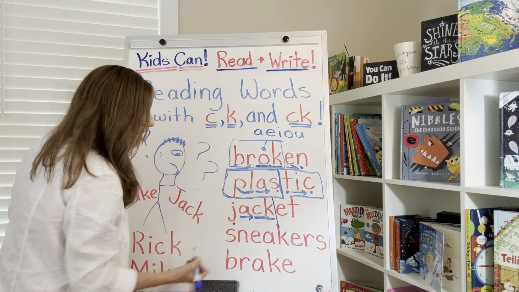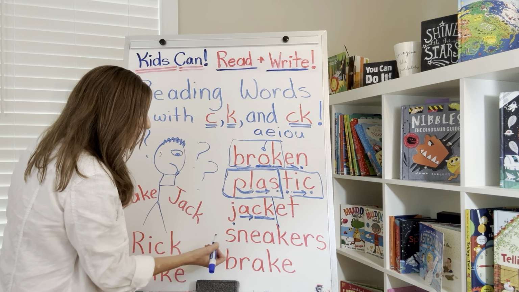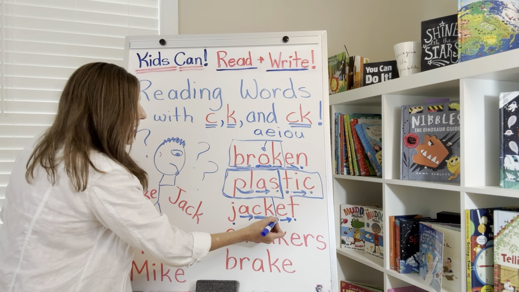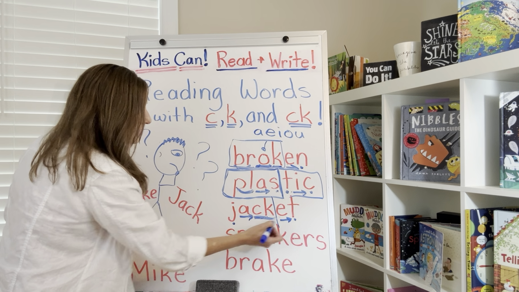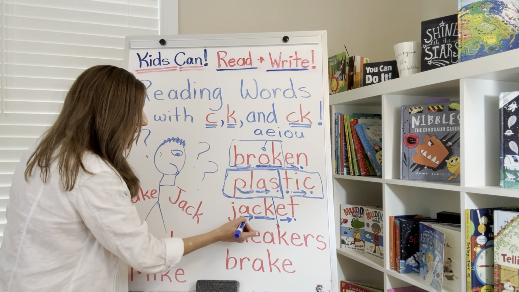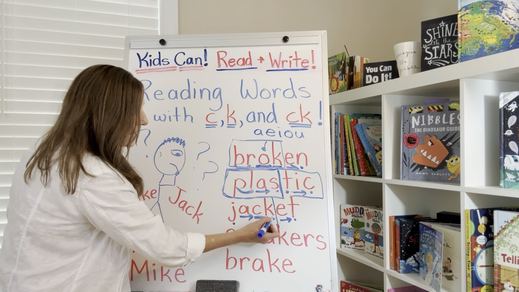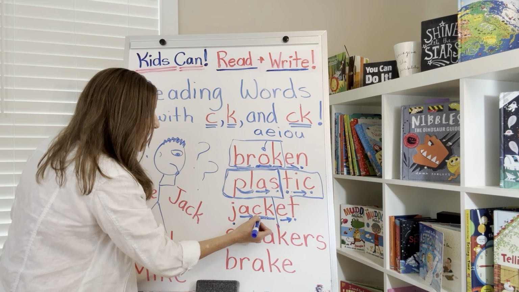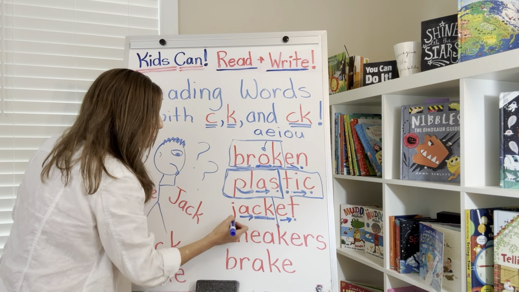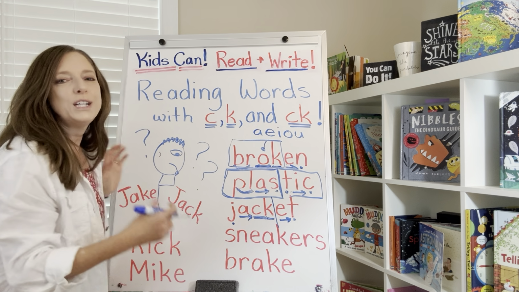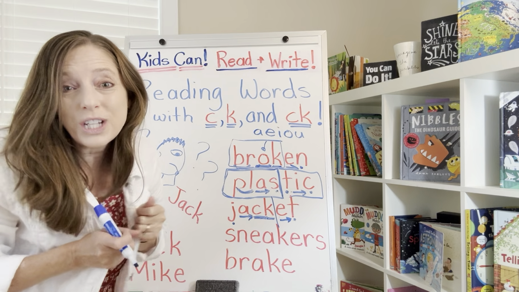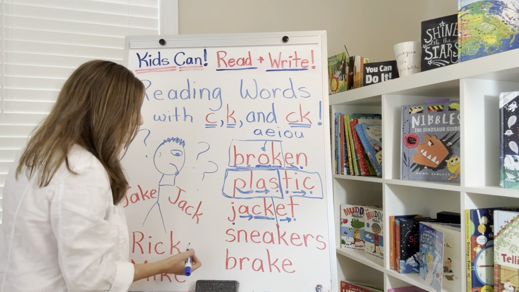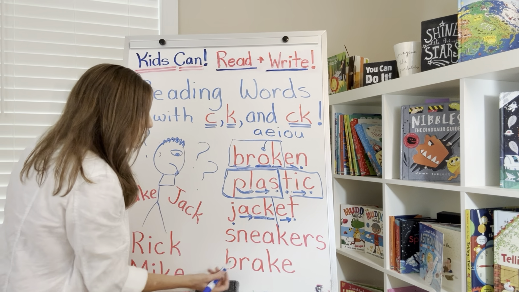Okay, we can break it there because we just went one past the vowel. If your child's really good at blending, keep going. Et. Okay, so we have Jack, et. Put it together. Jack, et, jacket. A jacket, like you put on a little jacket to stay warm.